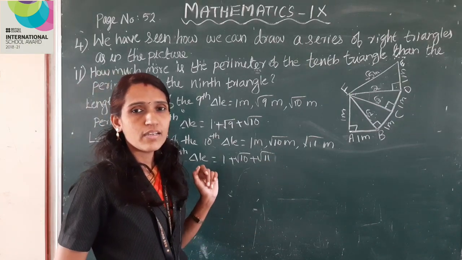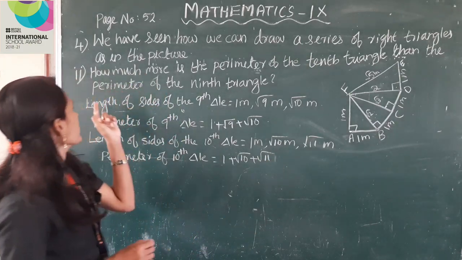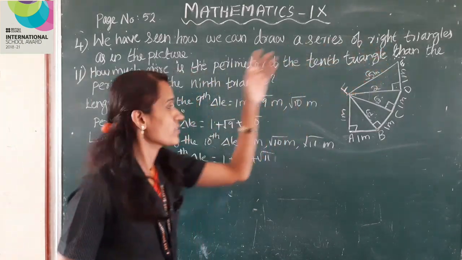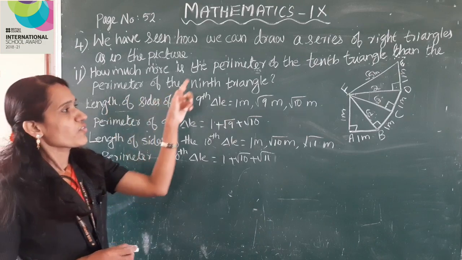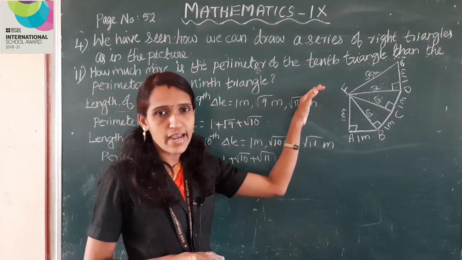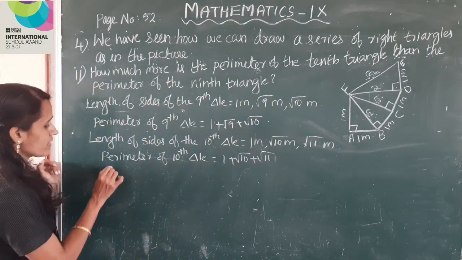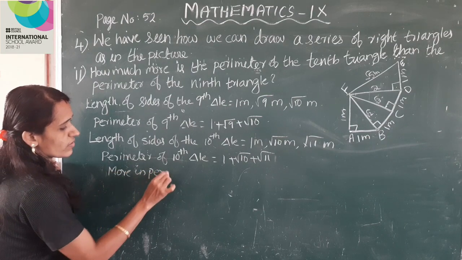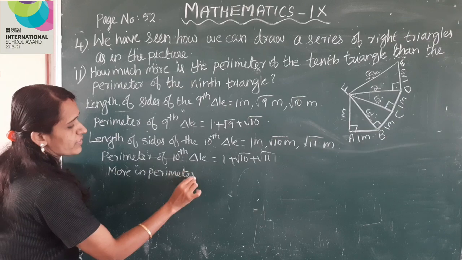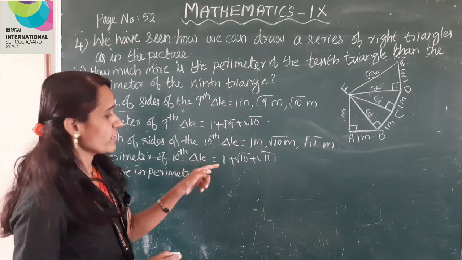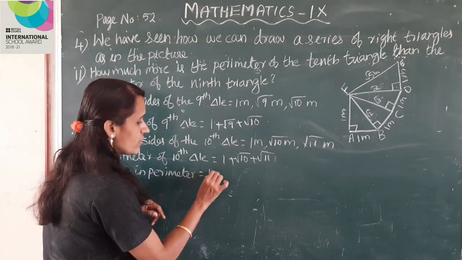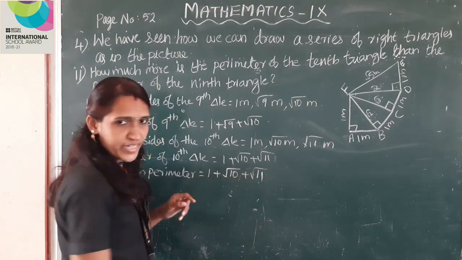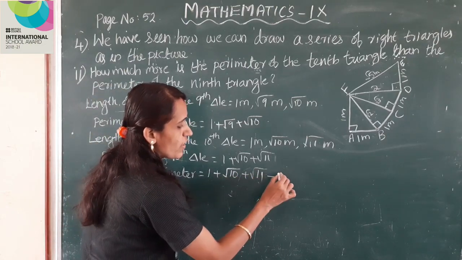Okay. Next, how much more is the perimeter of the 10th triangle than the perimeter of the 9th triangle? So more in perimeter is equal to the 10th triangle perimeter minus the 9th triangle perimeter.